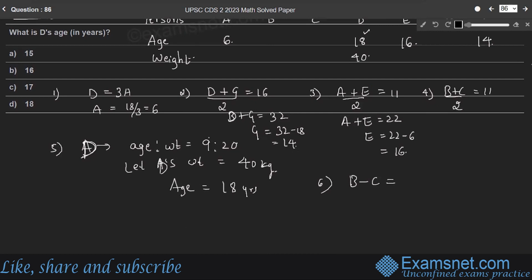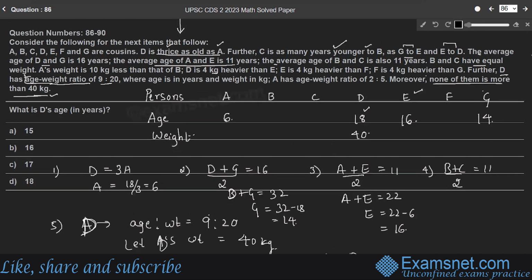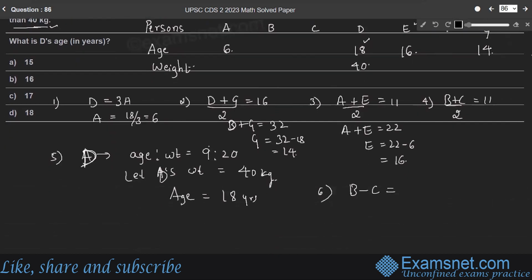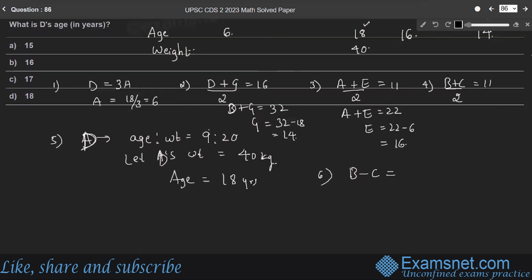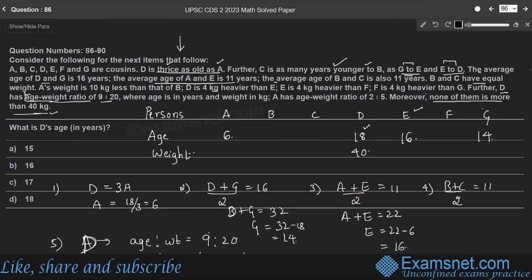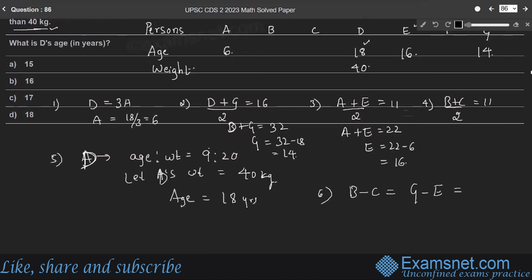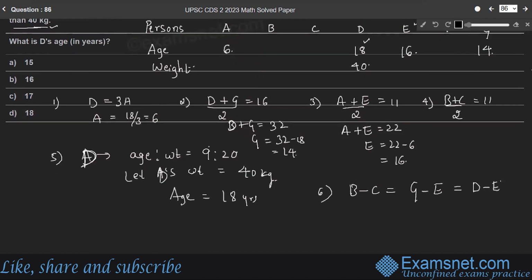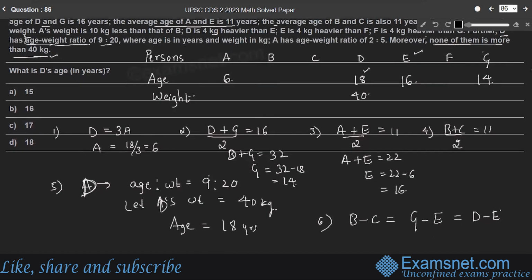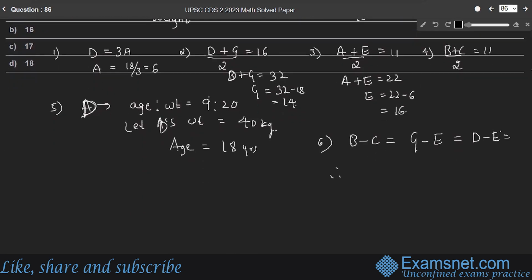B minus C is equal to G to E. So G is younger, G minus E is equal to age difference between E to D. So E is younger, D minus E. So here age difference between E to G is 2 years. D to E is also 2 years. Therefore B minus C is equal to 2. Right? B minus C is equal to 2.